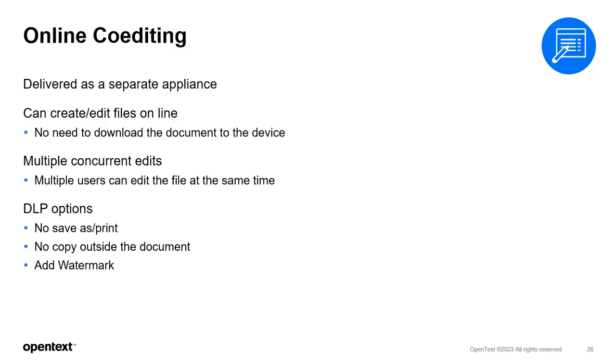Probably the most major thing that we've got there is the online co-editing. So what this does, it allows me to online edit a document, and there's some security things around that, so I can say don't allow people to save that as a different file name, don't allow copying of data outside that document, and so on.